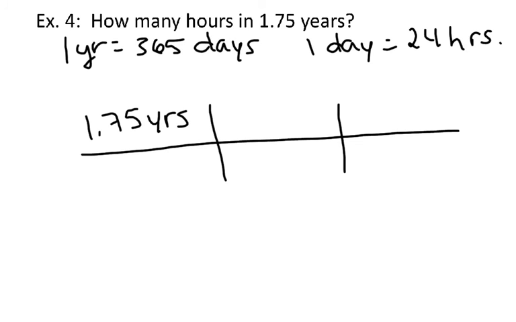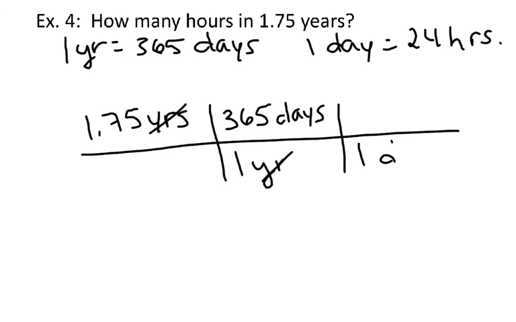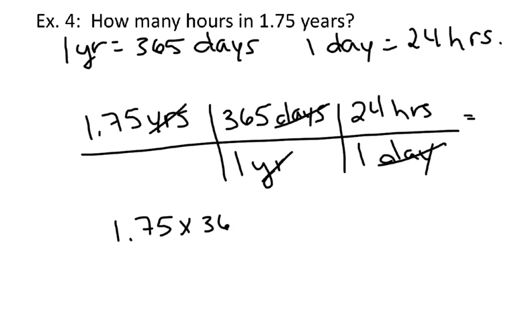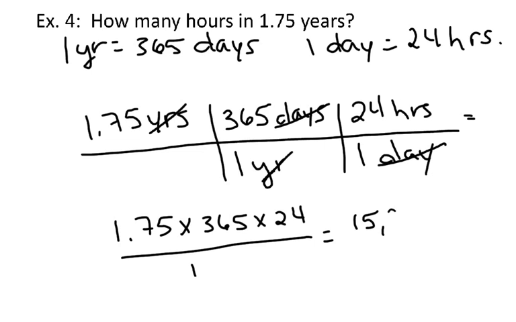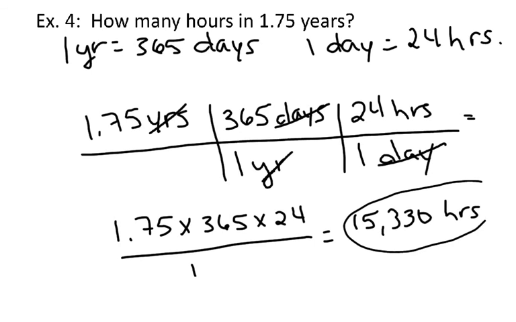Then we're going to put 1 year on the bottom to get rid of our years, 365 days on top. And then 1 day on the bottom to get rid of days, with 24 hours on the top. So this one we have 1.75 times 365 times 24 divided by 1, which gives us 15,330 hours. It's an awful lot of hours.